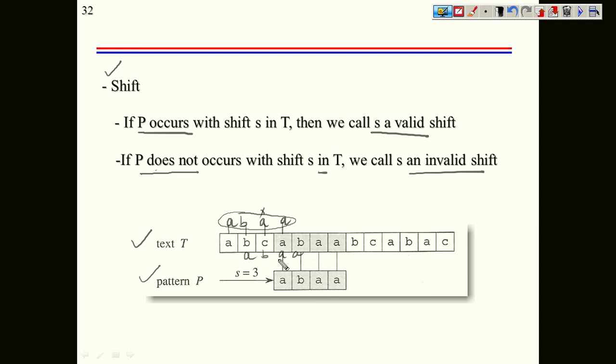Similarly, you can keep on shifting it. At s equals 0 it is an invalid shift, at 1 it is an invalid shift, at 2 it is an invalid shift, but when you make the third shift, when s equals 3, you find that all the characters are matching, and you will say that now the shift is valid for value 3.